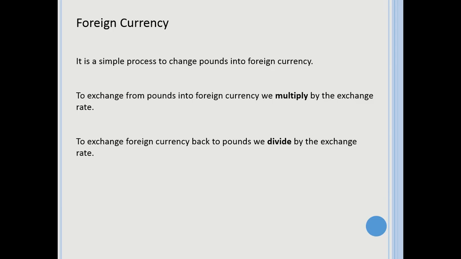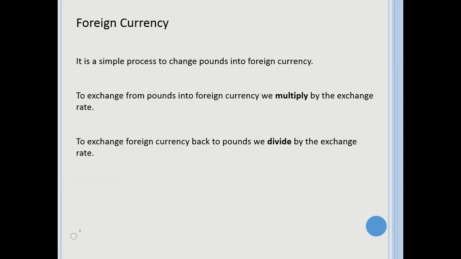So what's the process then? We are going to be changing pounds into a foreign currency. What's the process we're going to use? Well, to exchange from pounds into a foreign currency, we multiply by the exchange rate. Now I'm going to underline this because it's very important to remember it.